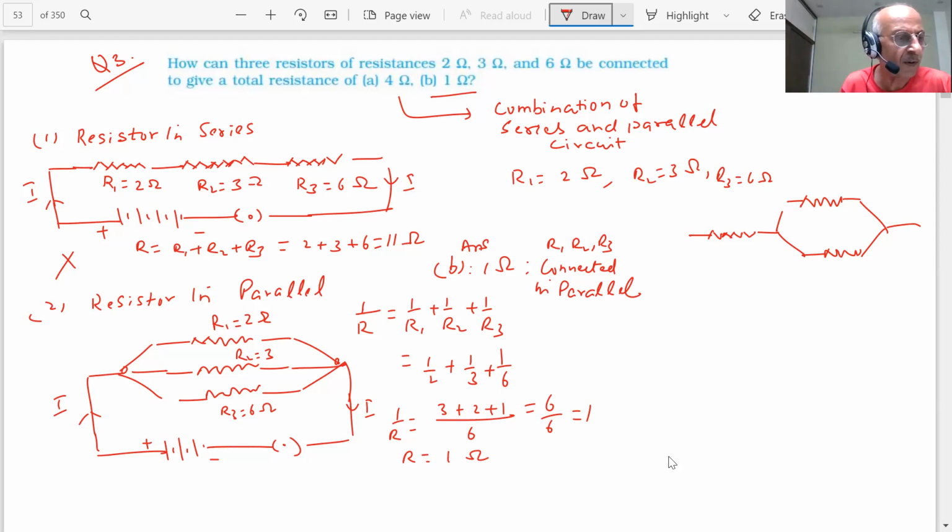Such questions are important and likely to be asked in the exam. So how will I connect R1, R2, R3 so that I get a value of 4 ohms?